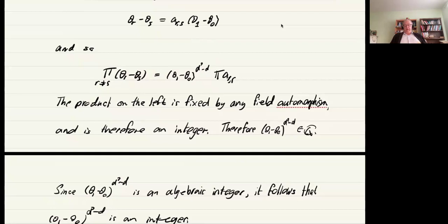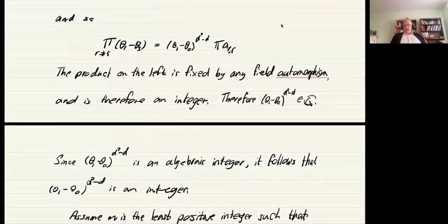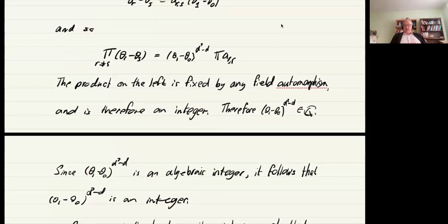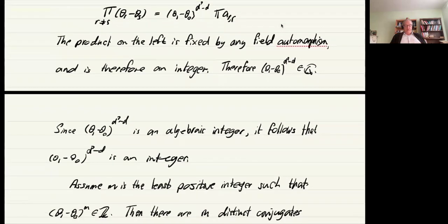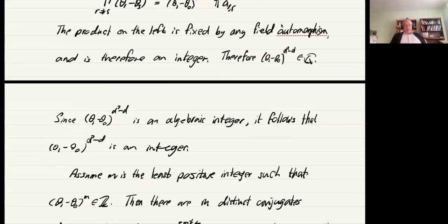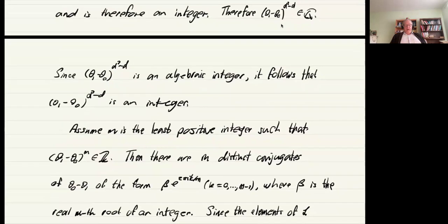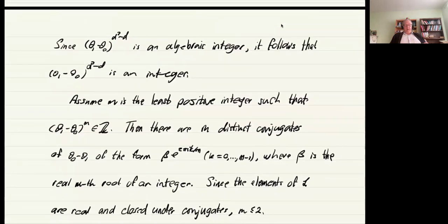We show that this is rational, and then deduce it must be an integer. And so therefore we get that θ_1 − θ_0 to the exponent is rational, and in particular, as I say, we get that this different power is an integer. Now we take m to be the least positive integer such that (θ_1 − θ_0)^m is in Z. And so θ_1 − θ_0 has m distinct conjugates.